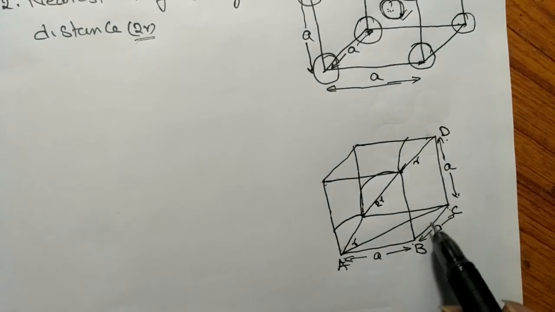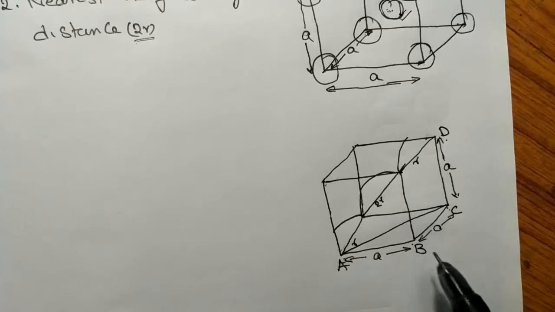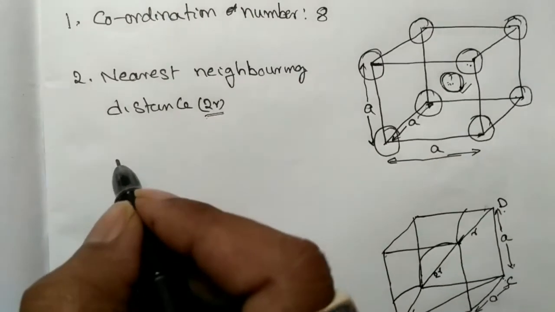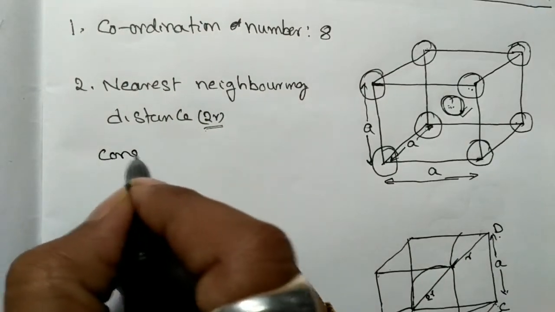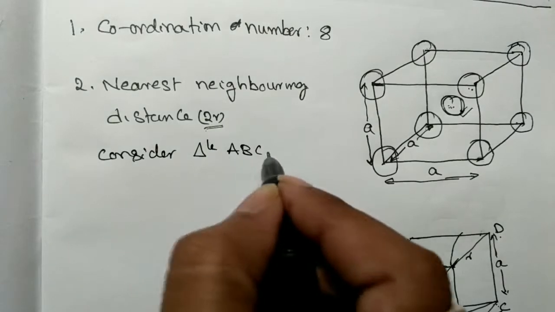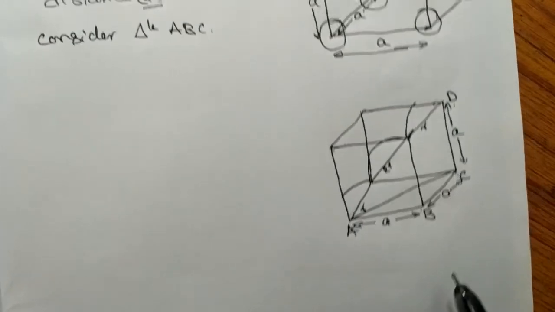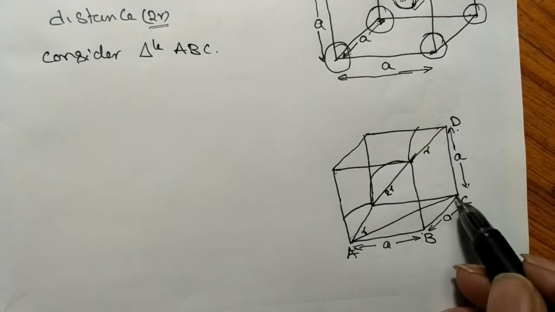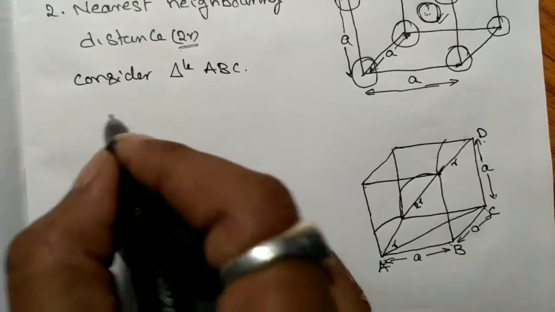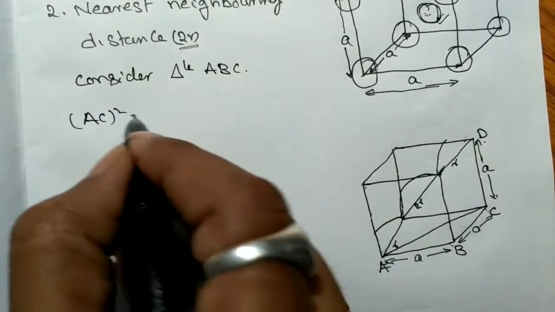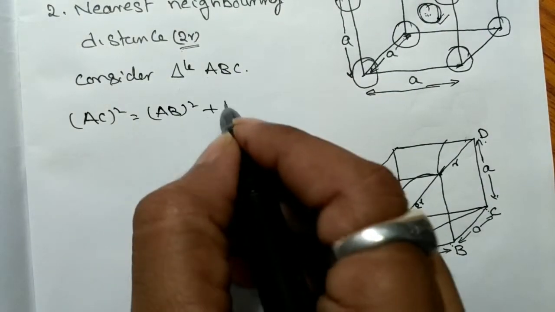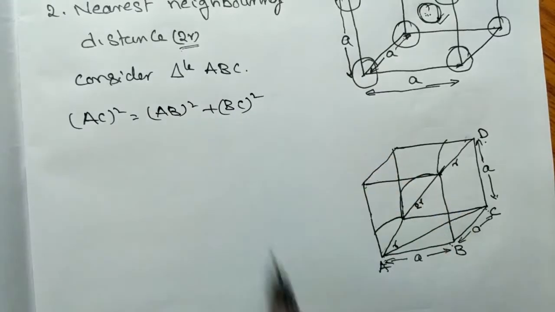For the calculation, we have to know the Pythagoras theorem. First of all, consider the triangle ABC. According to the Pythagoras theorem, hypotenuse square is equal to side square plus side square. That means AC square is equal to AB square plus BC square.